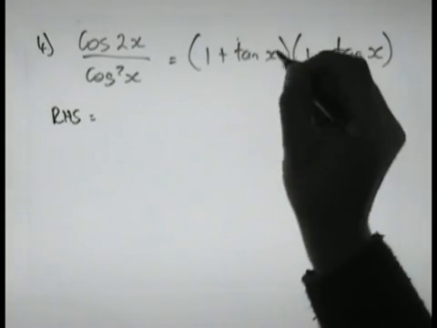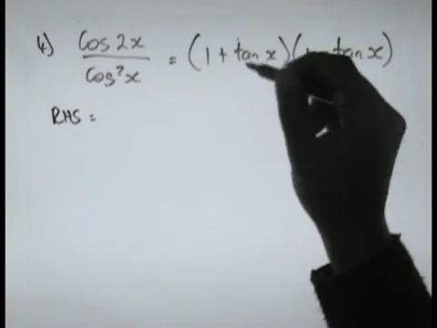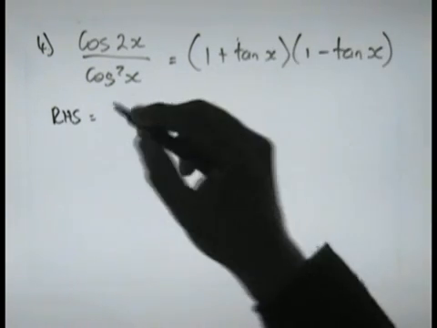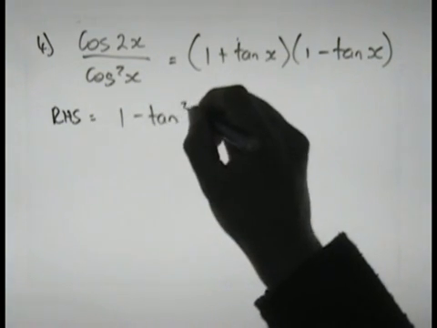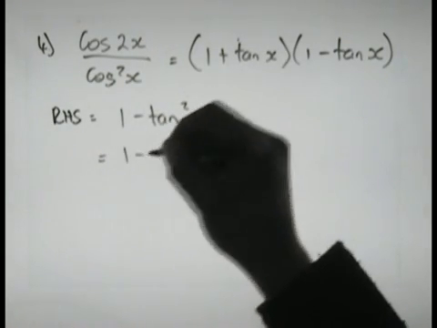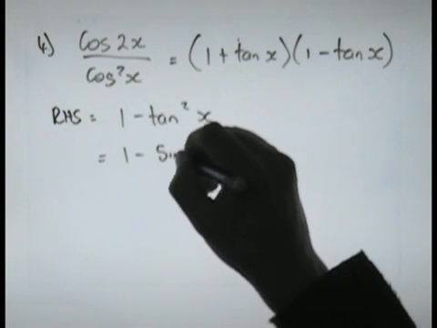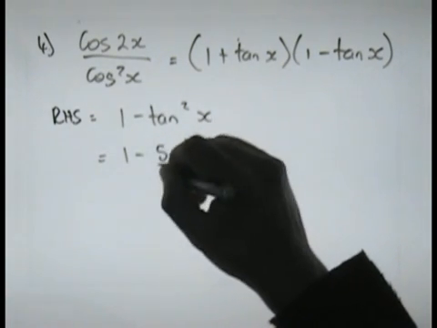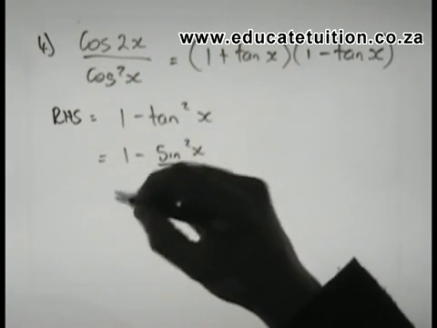Right hand side is going to equal, first, before I turn the tan x into sin x over cos x, I'm going to multiply this out. Difference of two squares, it's going to become 1 minus tan squared x. 1 minus tan squared x is the same as 1 minus sine squared x over cos squared x, as tan x is sin x over cos x.